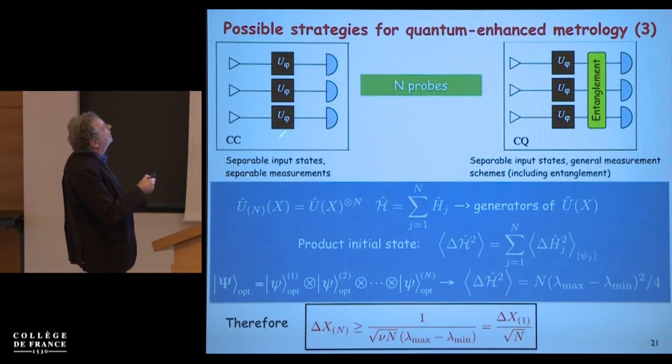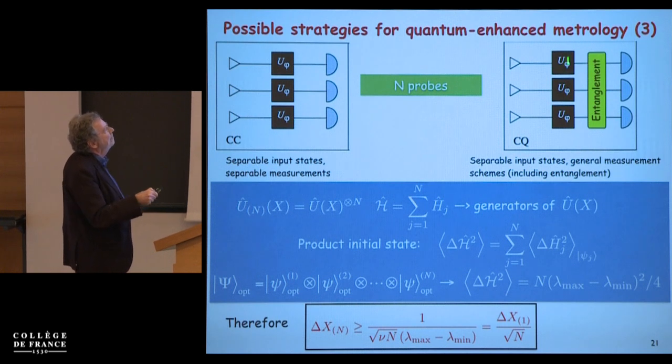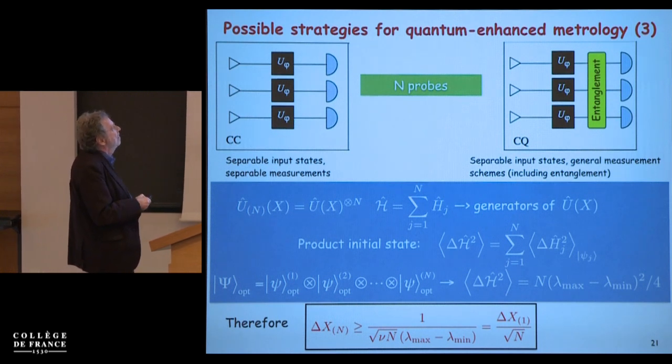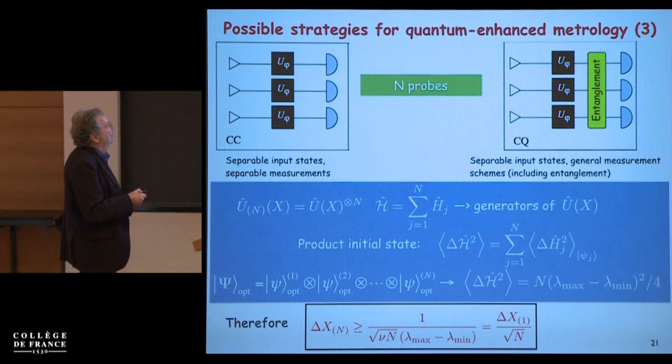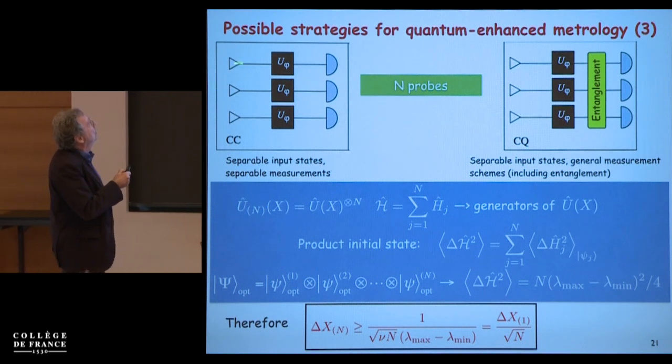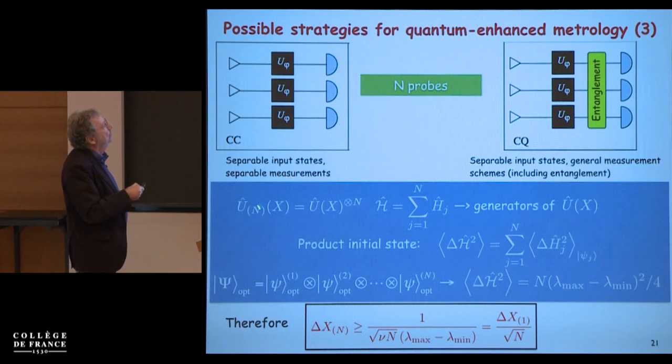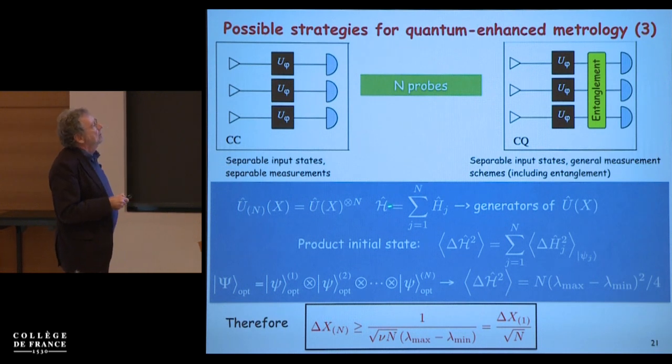First, let's take this case here in which you have entanglement just at the end, at most. So the evolution operator corresponding to these probes here is just the product of the evolution operators of each probe. So we have here a generator of this global unitary, which is just the sum of the generators for each probe.